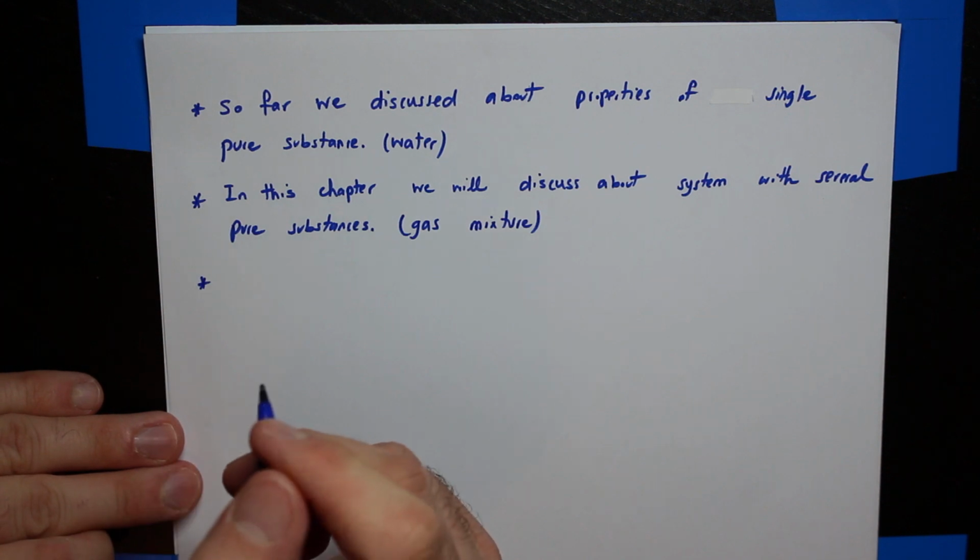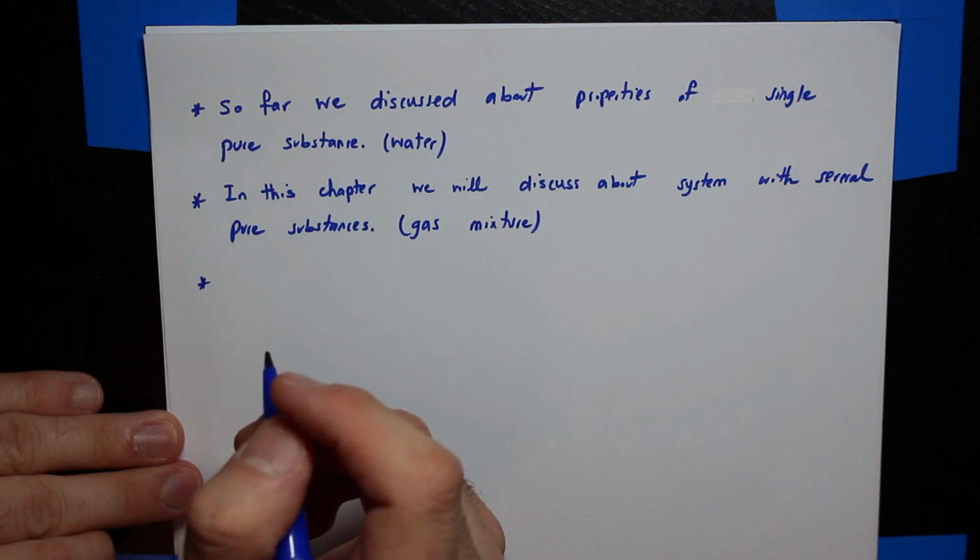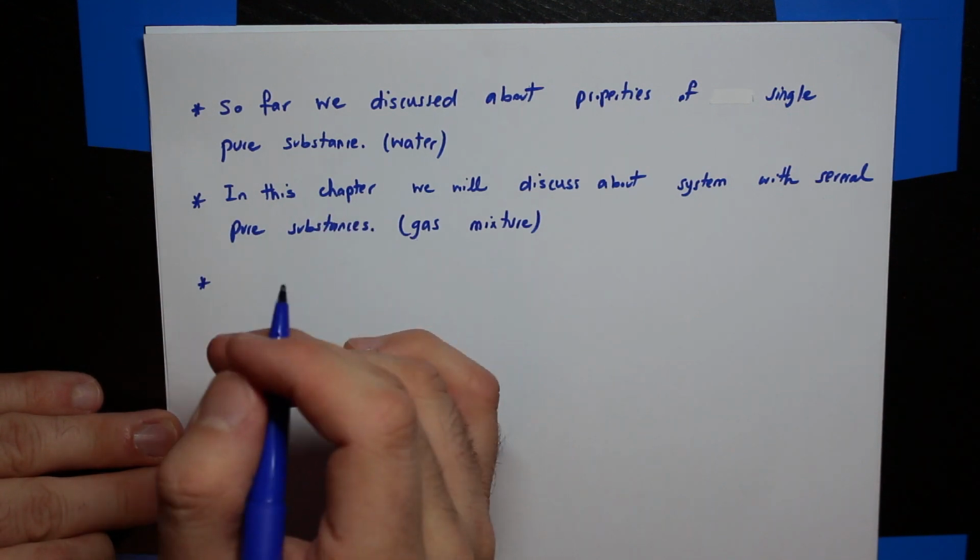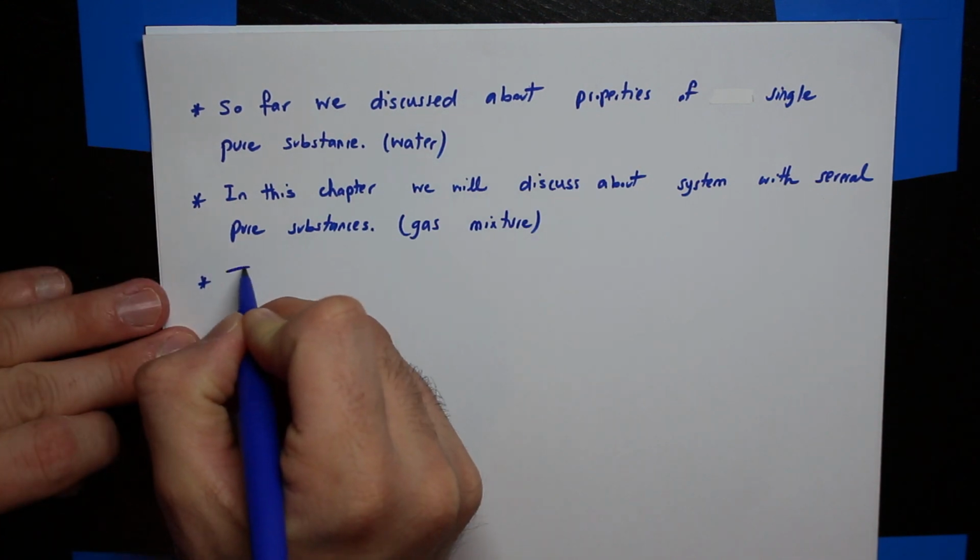So the properties of a gas mixture basically depend on the properties of each individual gas.